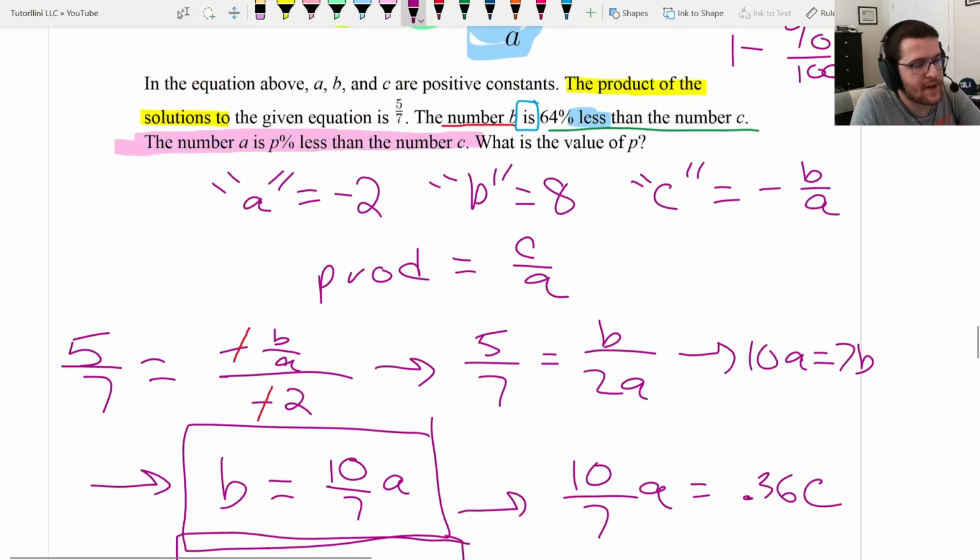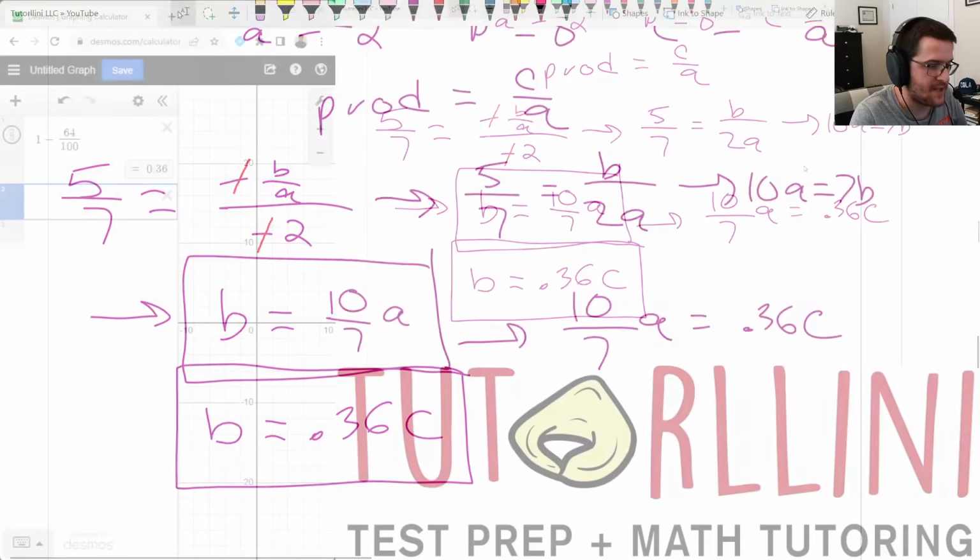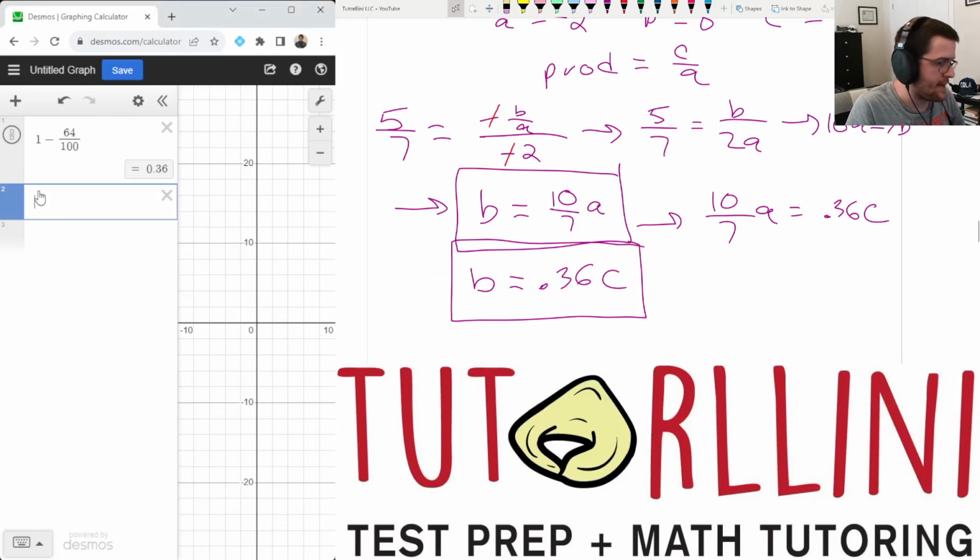And we want to figure out, we want a is something, right? So we want a by itself. So we're going to divide both sides by 10/7.